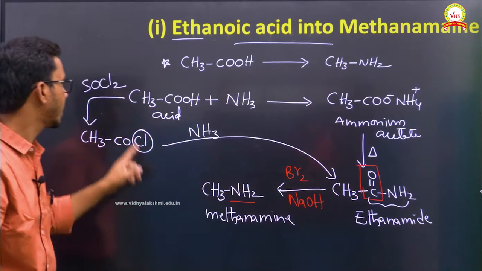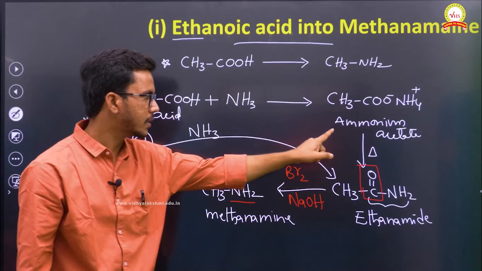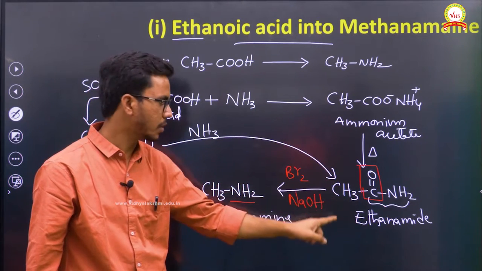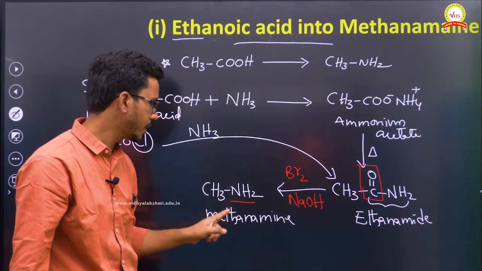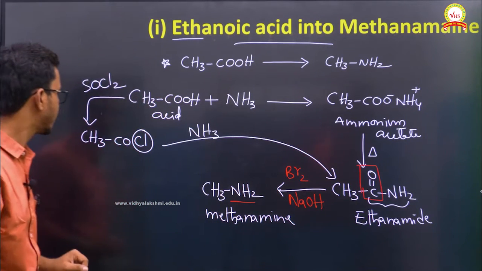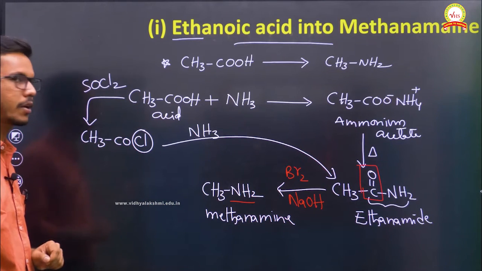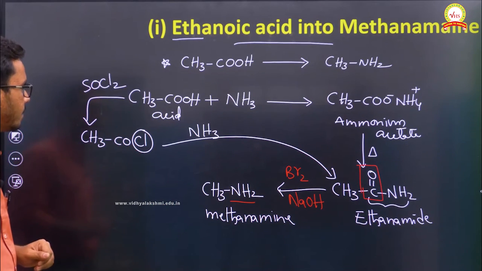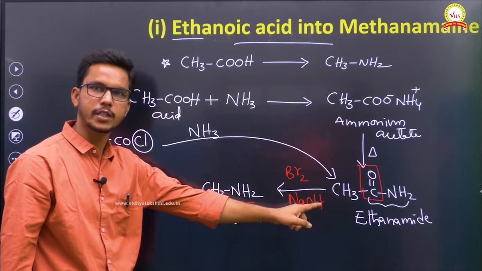We can go directly by the reaction of acid with ammonia, formation of salt takes place. This salt again on heating gives amide, and the amide on Hofmann bromamide degradation reaction gives methanamine. Or we can also go like this: CH3COCl, the acid chloride, by the reaction of thionyl chloride with acetic acid, followed by reaction with ammonia gives the respective amide.